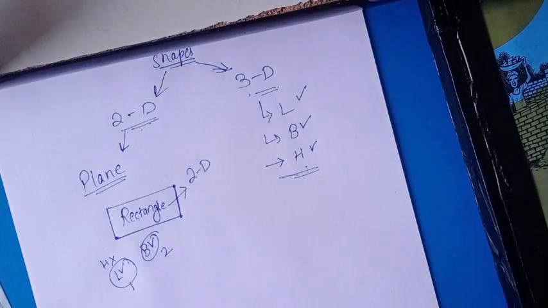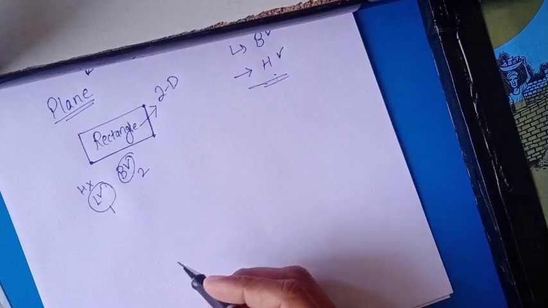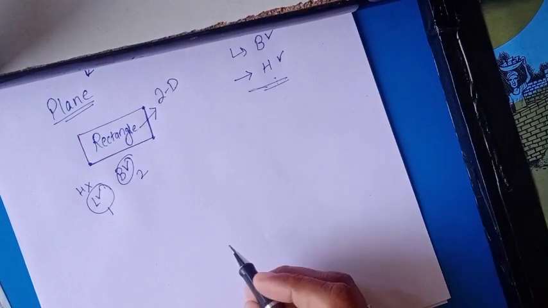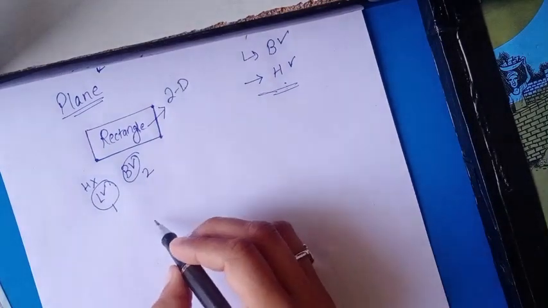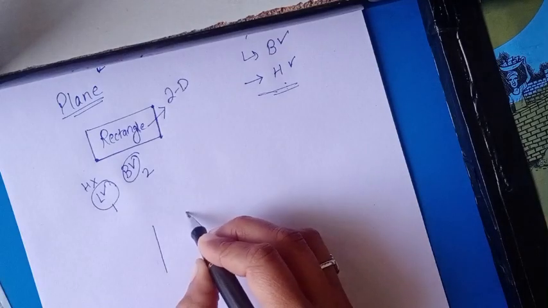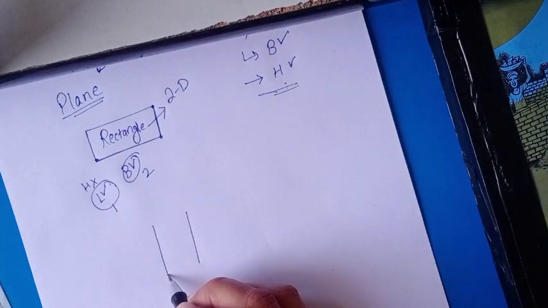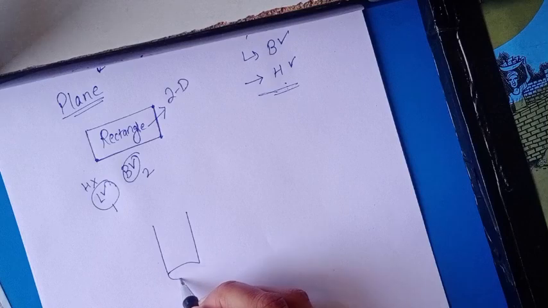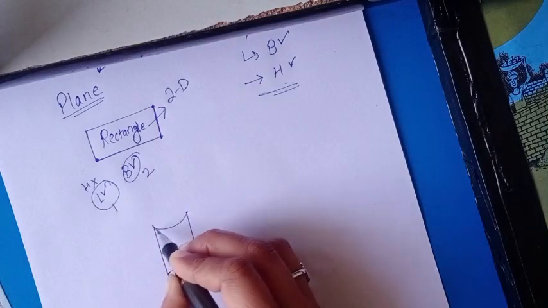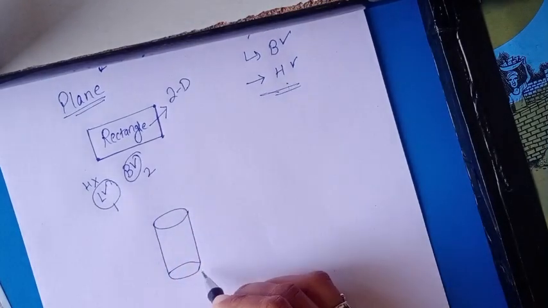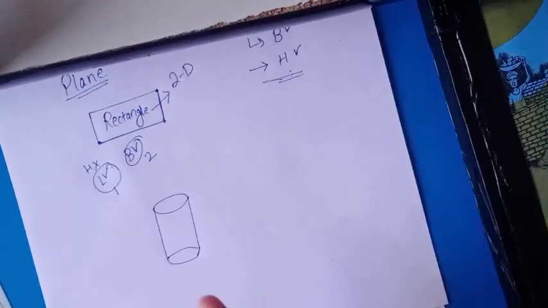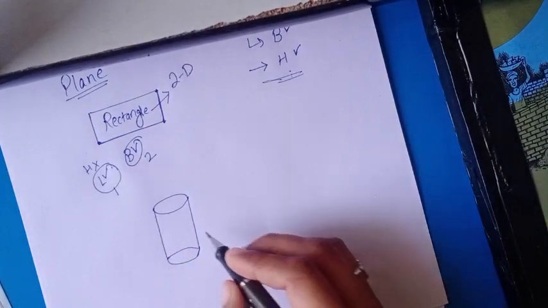Now we will discuss some shapes and the names of the shapes. Let me take another shape. This is of which type? You will tell me. Can you tell me the shape of this figure?